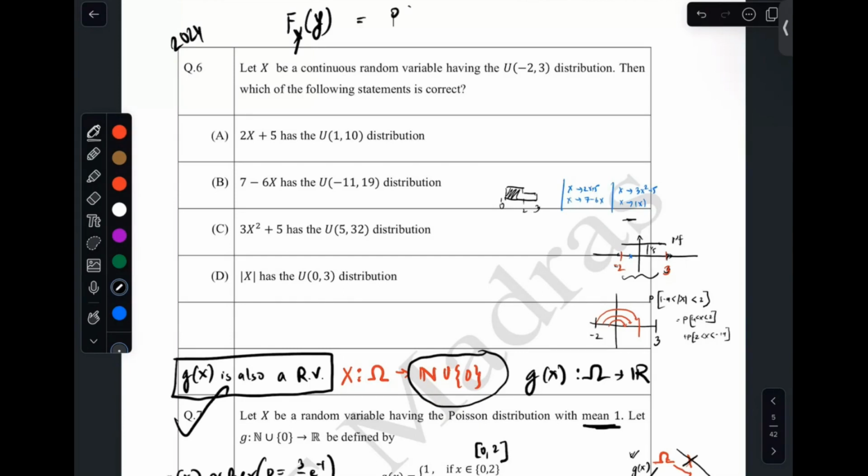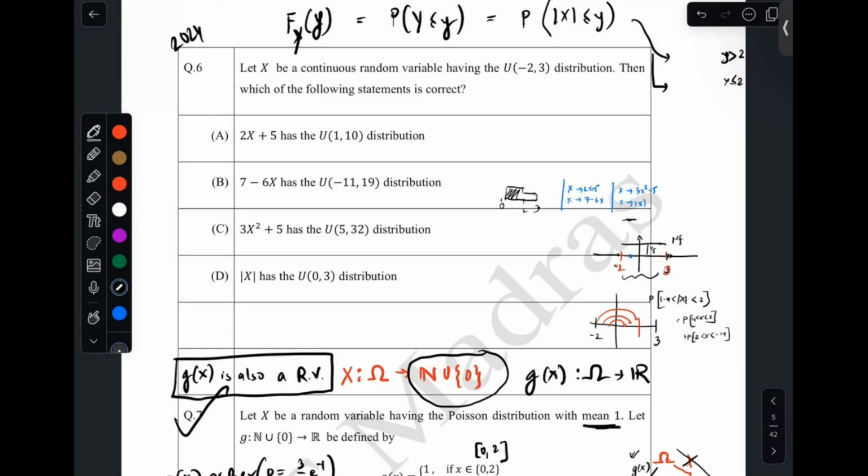So it turns out to be the probability y less than or equal to small y, and you replace y by the equation, let's say mod x less than or equal to y. Now you see that there are two aspects: y greater than 2 and y less than or equal to 2.